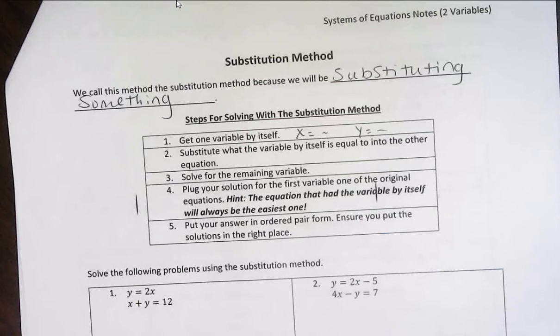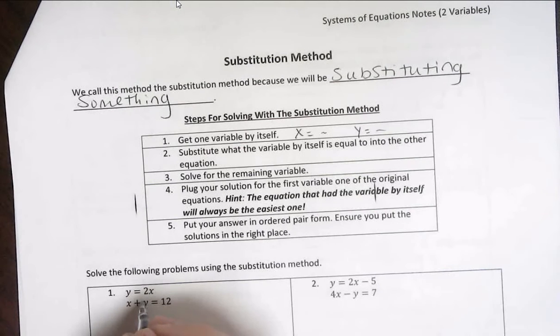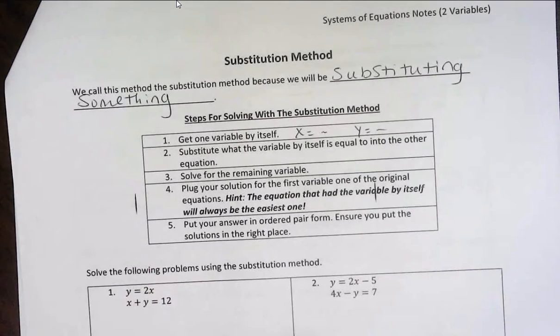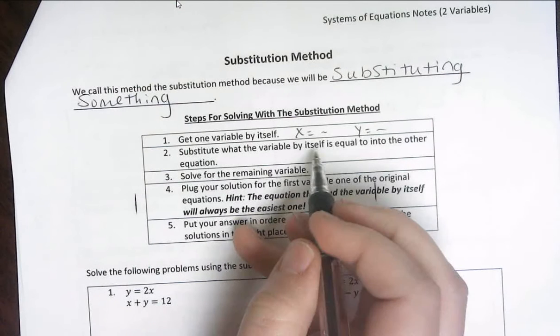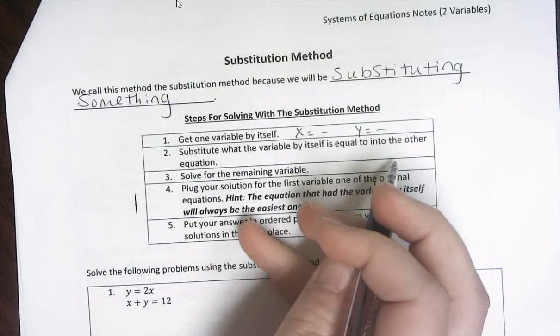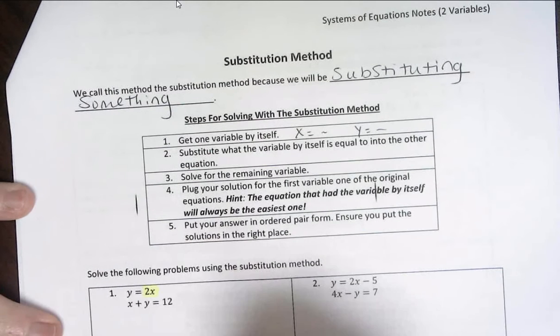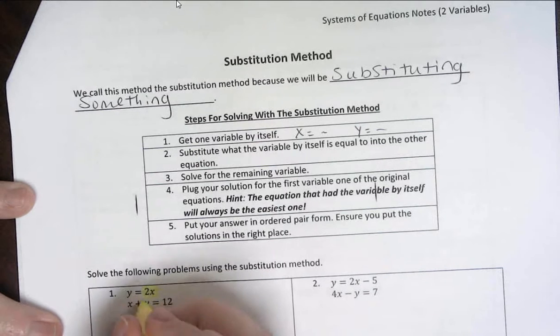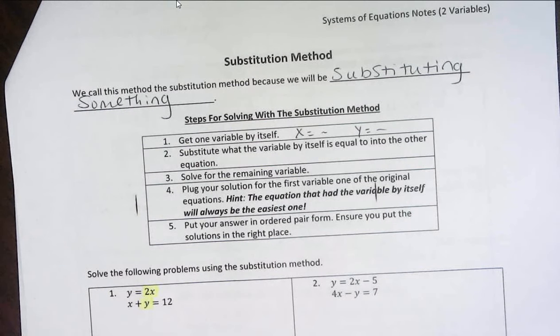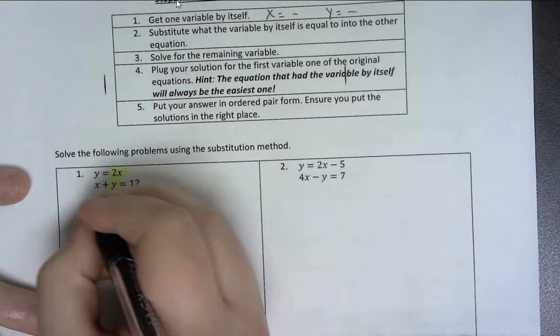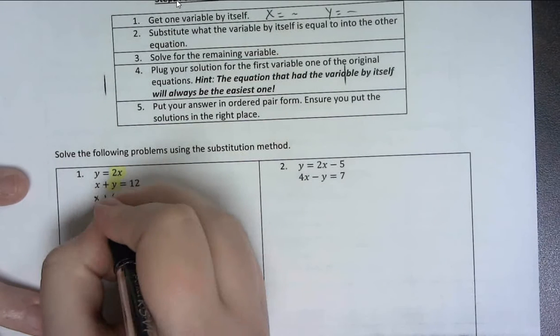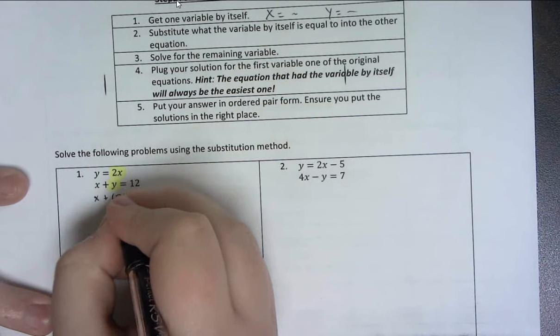So on this problem, we do have y equals something. So step 2 says to substitute what the variable by itself is equal to into the other equation. That's a whole lot of mumbo jumbo that says to plug in this 2x that is equal to the y into the y of the other equation. So when I do this, I get x plus, instead of that y, I'm going to put 2x equals 12.